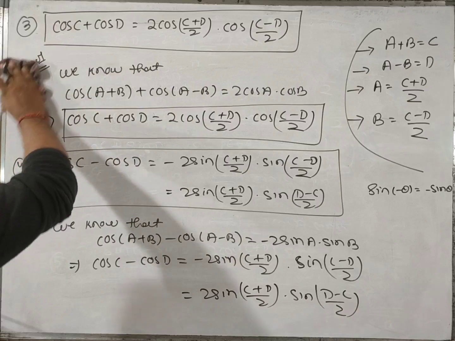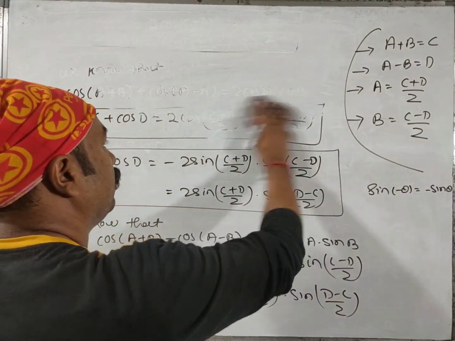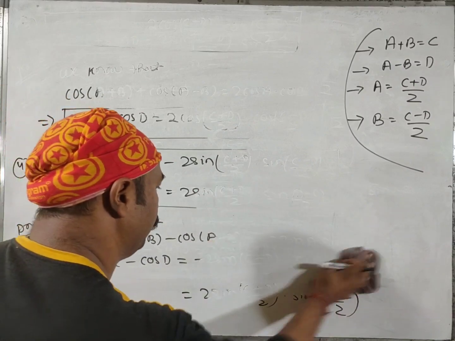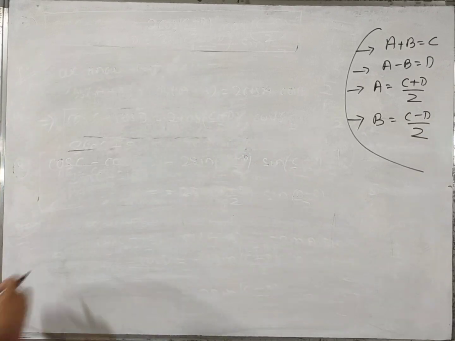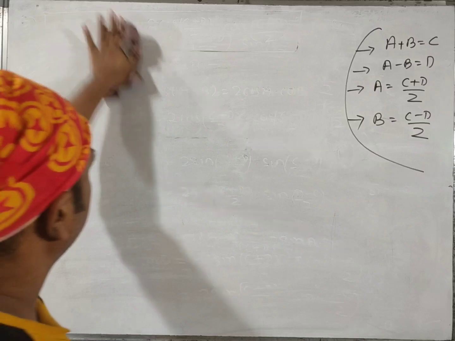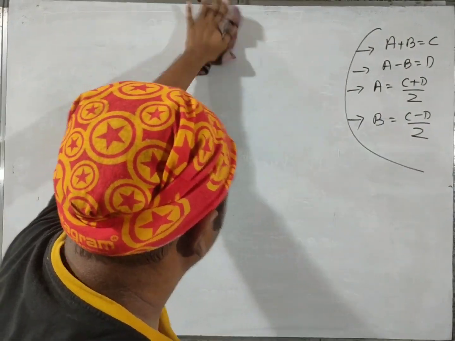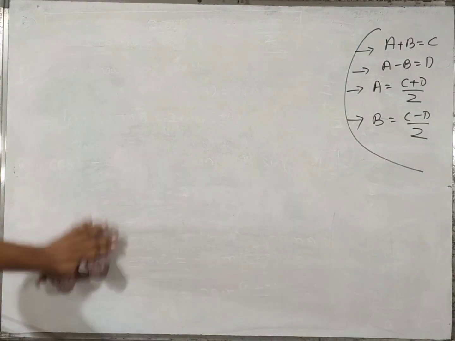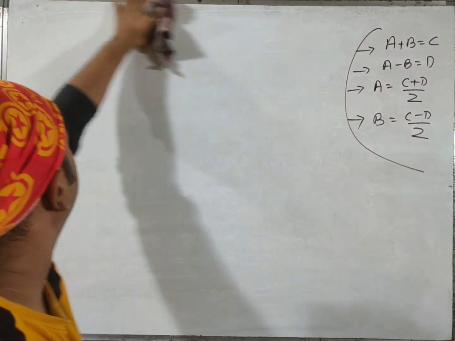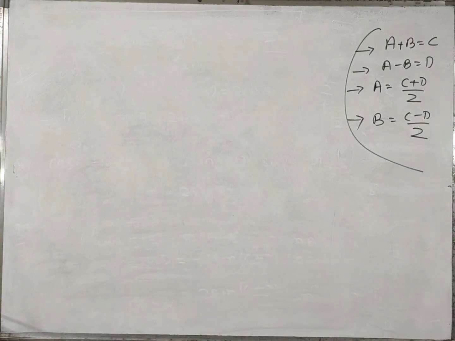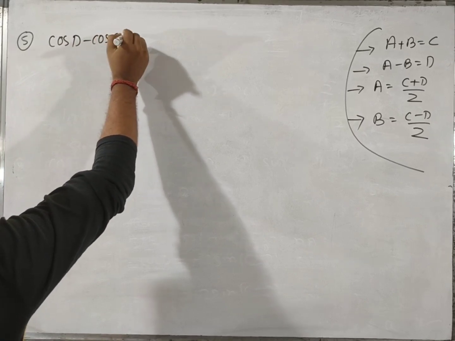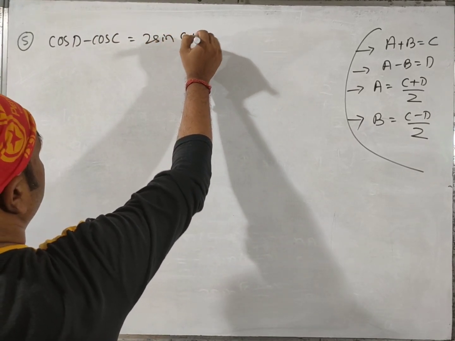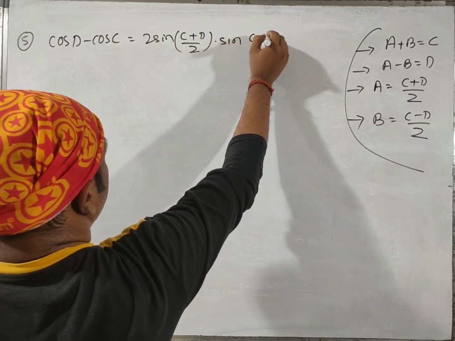Now let us go through the fifth one. The fifth one is cos D minus cos C is 2 sin((C plus D)/2) into sin((C minus D)/2).